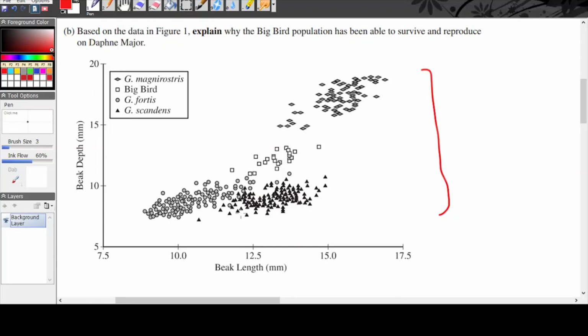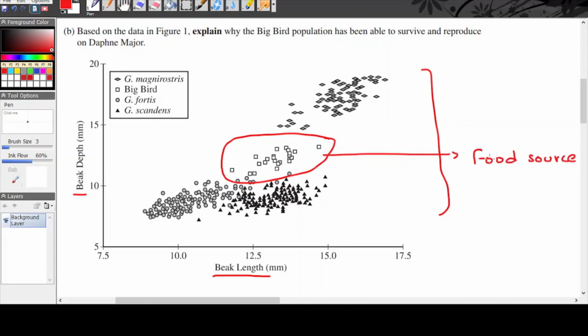So according to the graph we have, it shows that the big bird, which is represented by these squares, have a different beak depth as well as a different beak length compared to the other birds, which obviously means that since their beak length and beak depth is different, they must consume a different food source. And if they consume a different food source, that means they do not compete with other bird species like the G. magnirostris, the G. fortis, or the G. scandens.